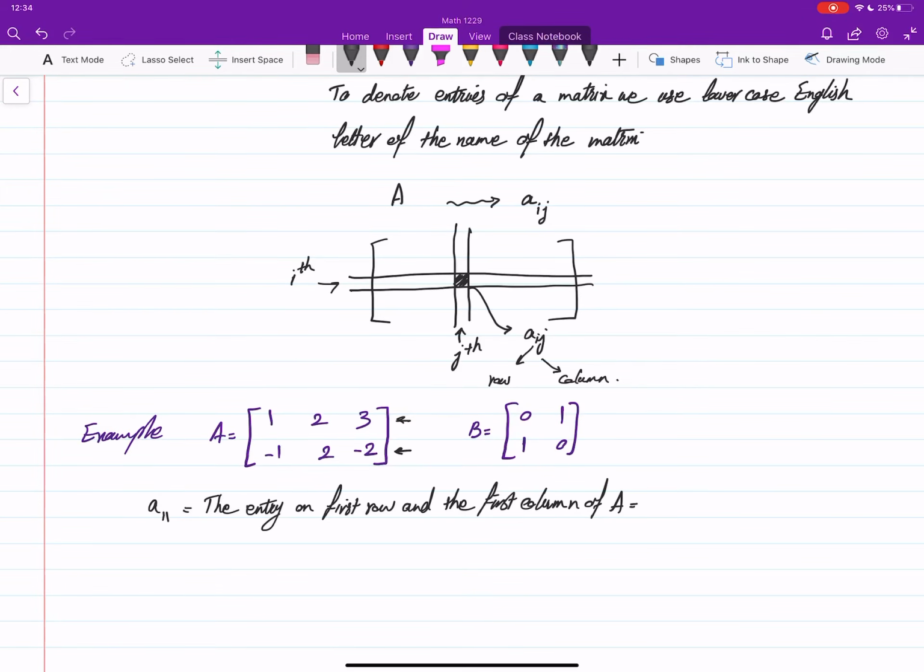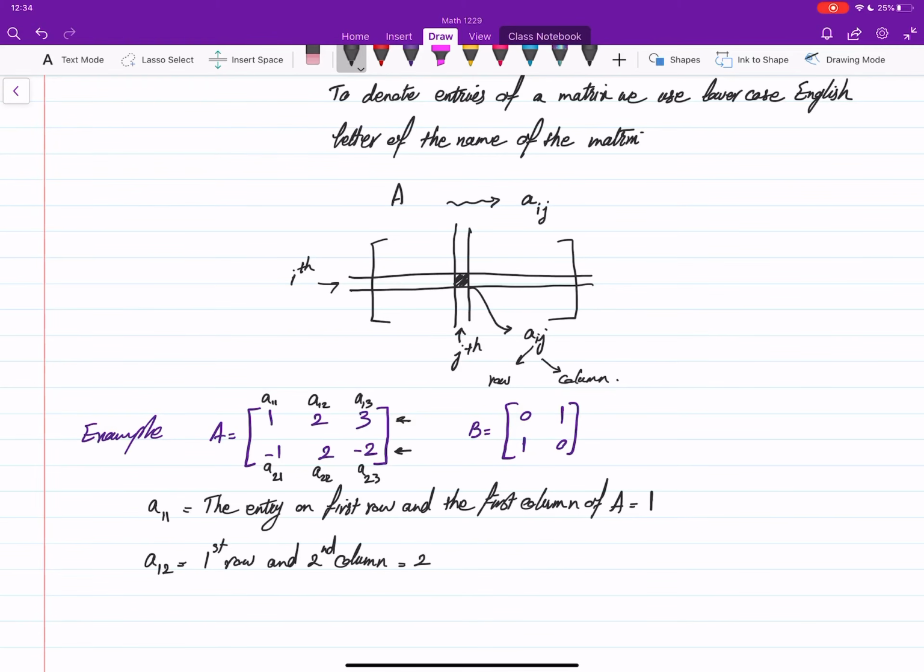So this entry is 1. a_12 is first row and second column. In this case, it is 2. And so on. This is a_11, a_12, a_13, a_21, the second row, first column, a_22, and a_23.